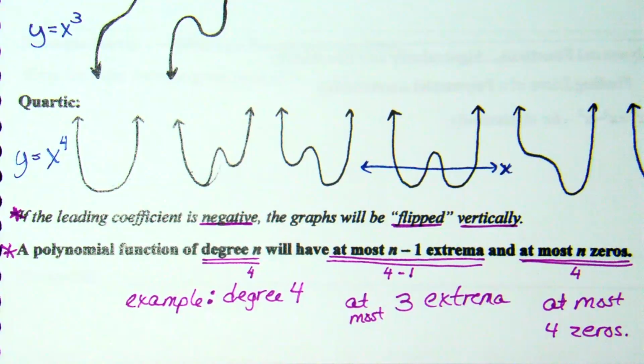Zeros are what? X-intercepts. So if this is my x-axis, 1, 2, 3, 4 zeros, yes? And again, I've just given you an example where you saw the most. But what if that x-axis was drawn higher up? Would there still be 4 zeros? No, there would only be 2 zeros. So the idea is that's the most possible, depending on how the graph is drawn and where the x-axis is. Okay?